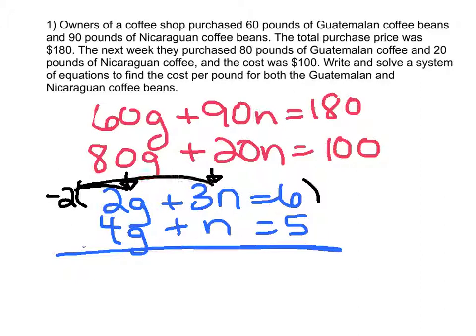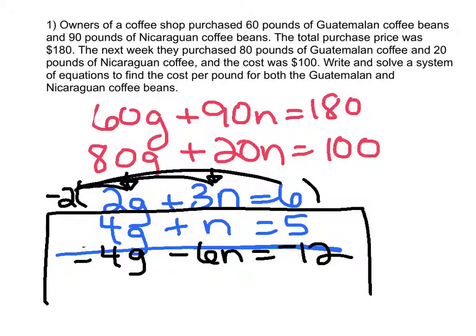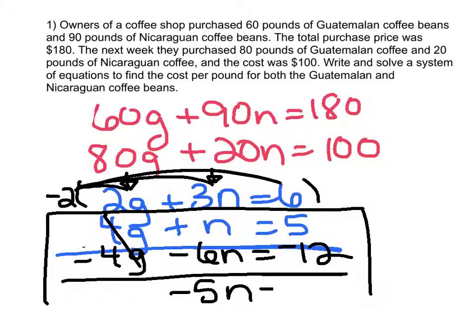So if I multiply my whole top row and rewrite, I have -4g minus 6n equals -12. Now, I do my elimination, these cross out. I have -5n equals -7.